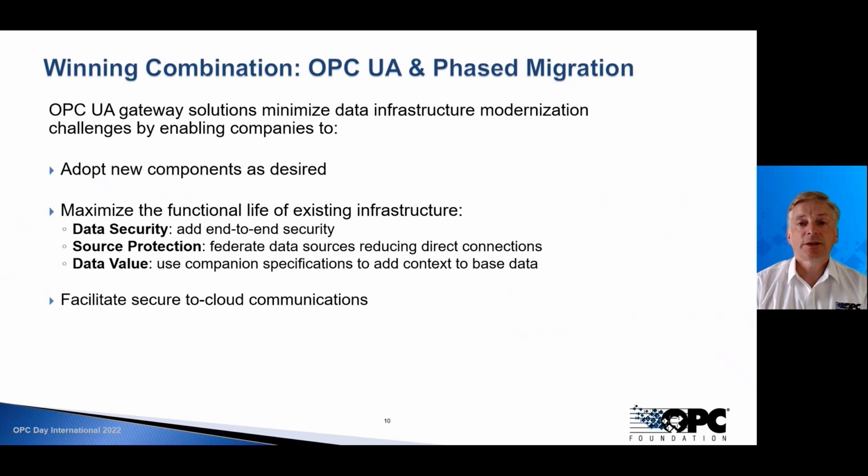And then as well, you potentially increase the value of the data, because one of the features in gateways, for example, like Data Broker, is the ability to bring in information models and map the information that comes from the data sources to various information models that you read in, or companion specifications.